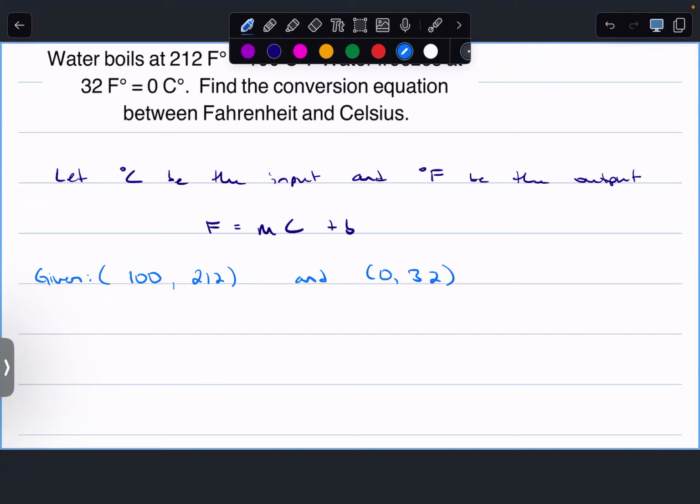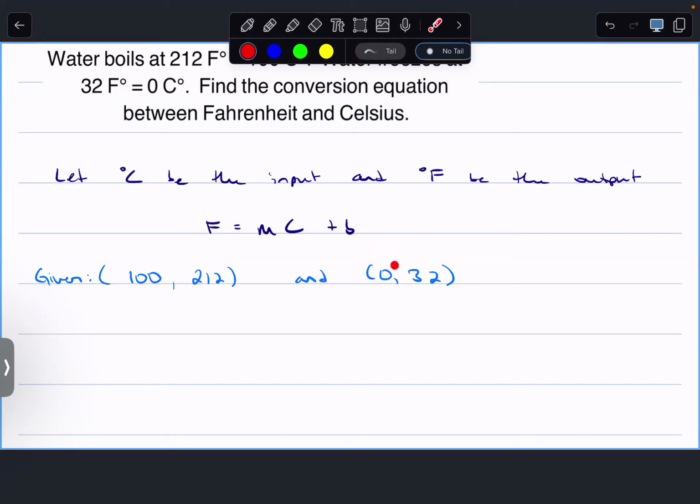In terms of our x1, x2, right? Our x1 is always the smaller value and our x2 is always the larger value. So even though they're given in kind of the wrong order, this is going to be our x2 and this is our x1.